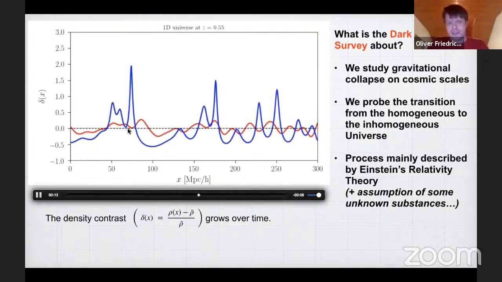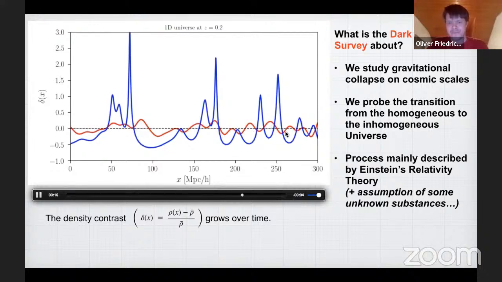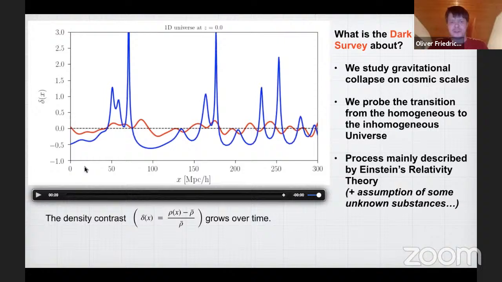So if the red line was exactly at 0 everywhere, then this would mean that the universe would be perfectly homogeneous. On the x-axis, you see some spatial coordinate, if you will. So you can really think of this as like a slice through the universe. And here on the y-axis, you see the amplitude of density fluctuations.